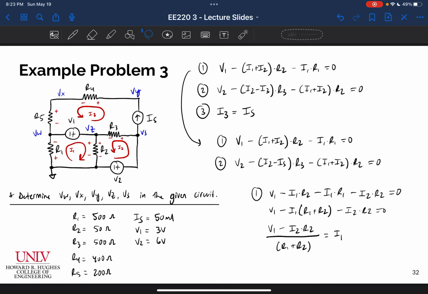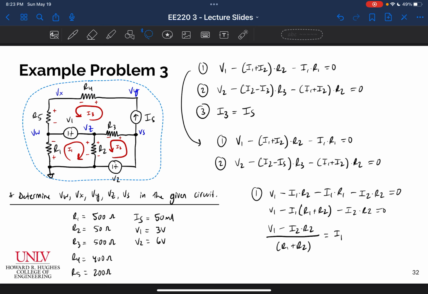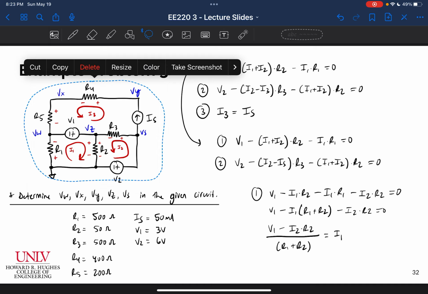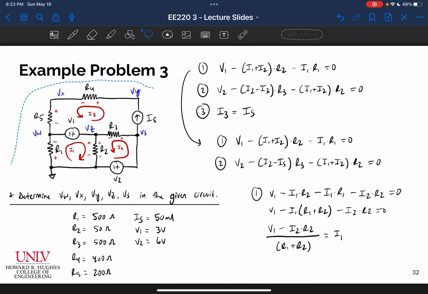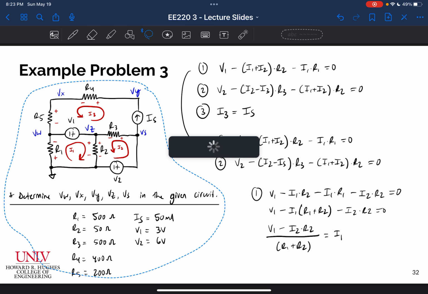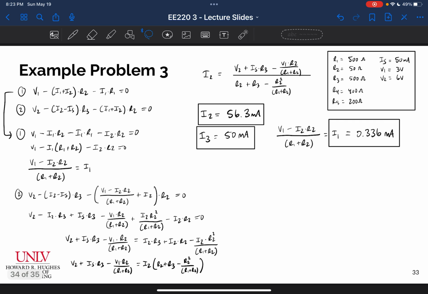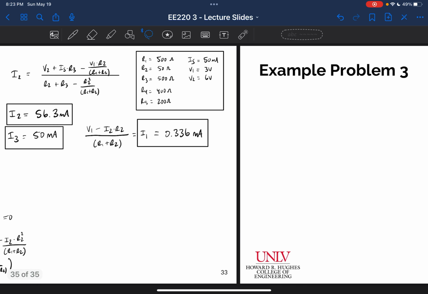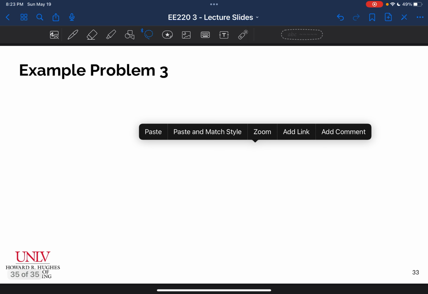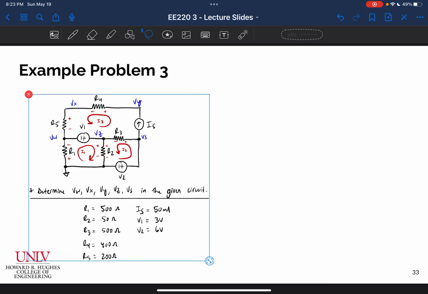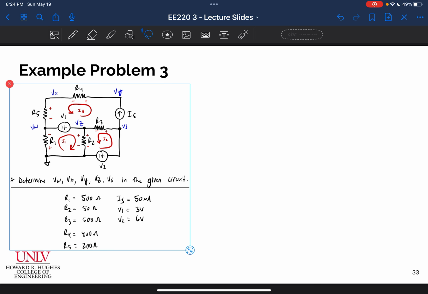So let's go ahead and take a copy of this circuit, and remember what we want to find. Actually, let's just take a copy of all of this. We'll copy it on over. I actually left myself another page here that we can use. Let's make this smaller. Okay.